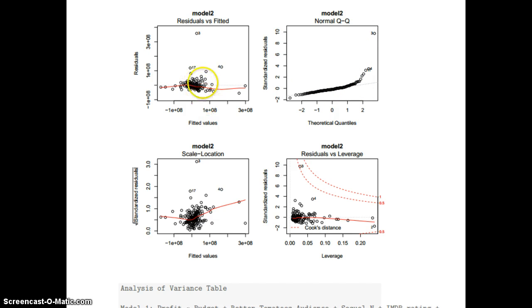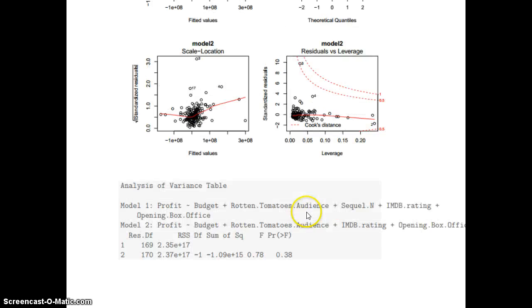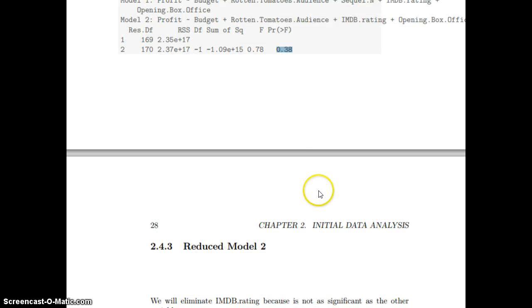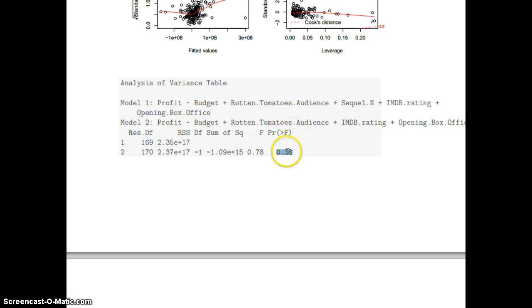It doesn't really have a pattern, but it's kind of clumped together. It's really smushed together, and then there are these outliers right there. Anyways, we find the p-value, and if I'm correct, because this is less than 0.05, our model has changed significantly, or our model hasn't changed because it's not less than 0.05.